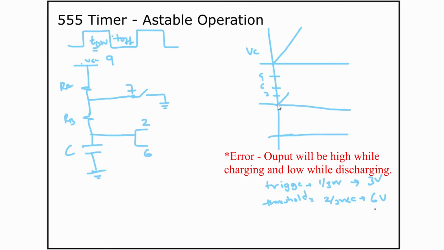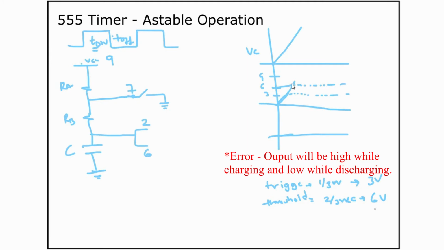So it will start charging. Initially the discharge pin is open, so it will charge through RA, RB and C, this path, and it will slowly start charging. As soon as it exceeds 2/3 VCC, that is at this point. My drawing is not straight. Okay, let's assume this is at this point. Let me put a dotted line.